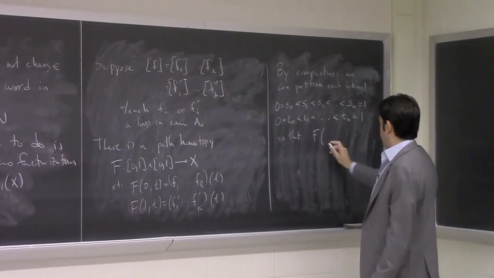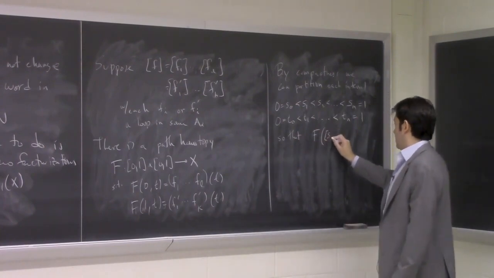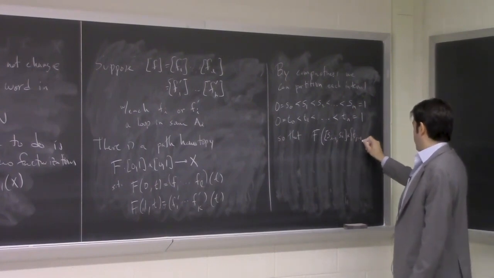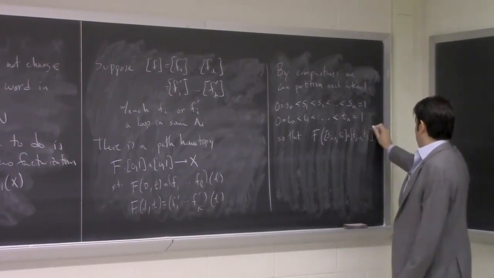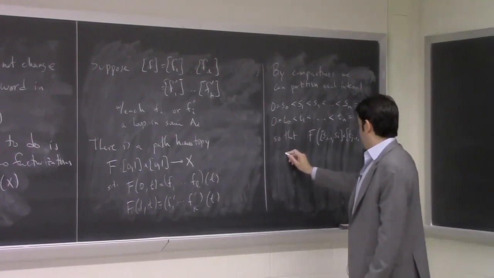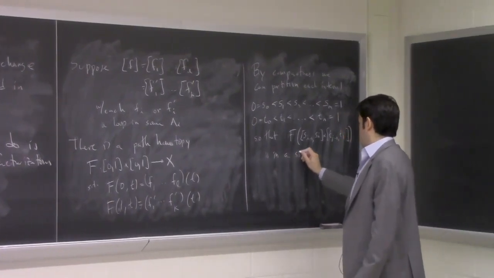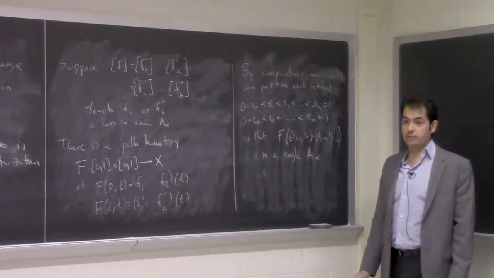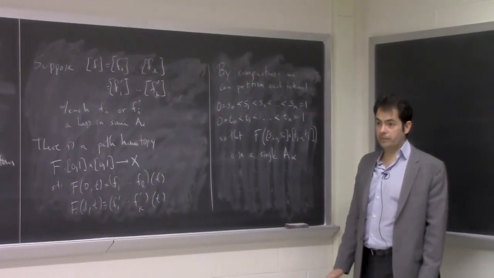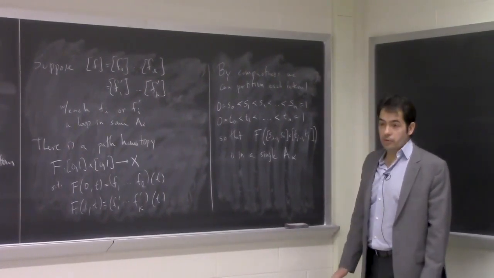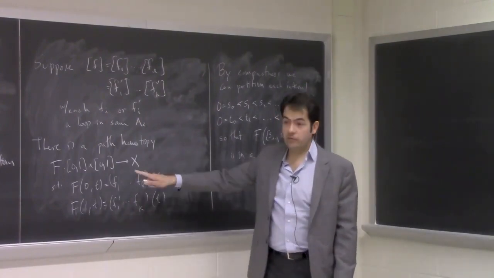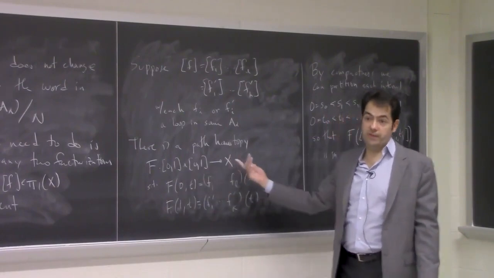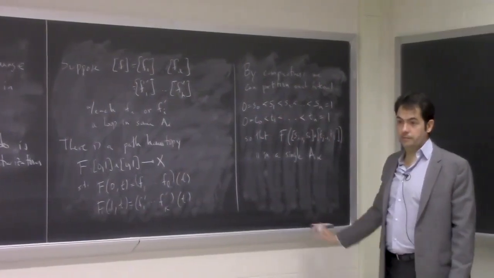So that F maps each subinterval [s_{i-1}, s_i] cross [t_{j-1}, t_j] into a single A_alpha. Okay, so same reasoning. That's an open cover of X. You pull it back by this continuous map. You get an open cover of this compact set. So there's a finite subcover. So you can do this.